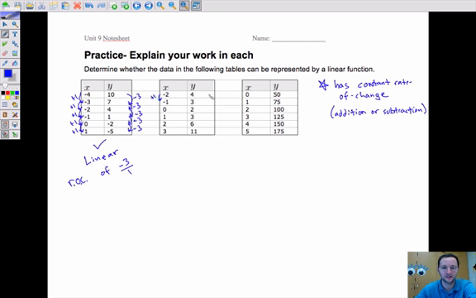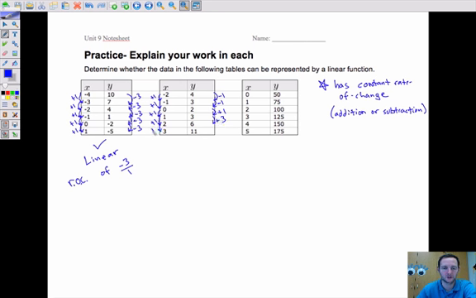Okay? Over here, x goes up 1, y goes down 1. X goes up 1, y goes down 1. X goes up 1, y goes up 1. X goes up 1, y goes up 3.